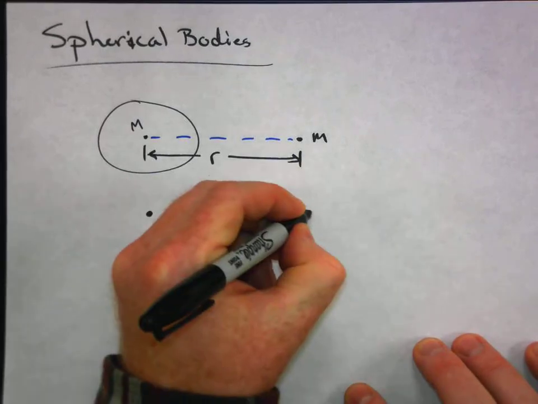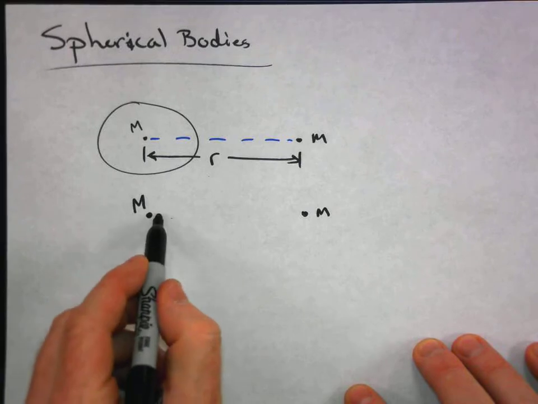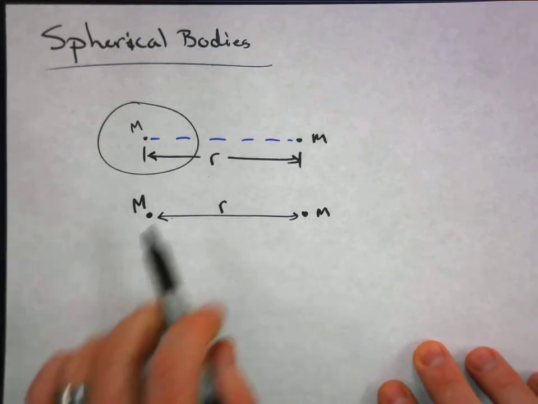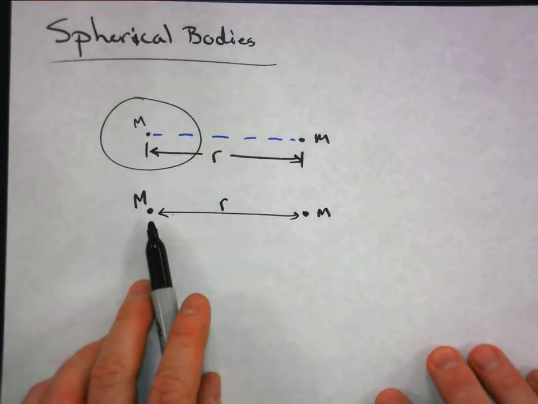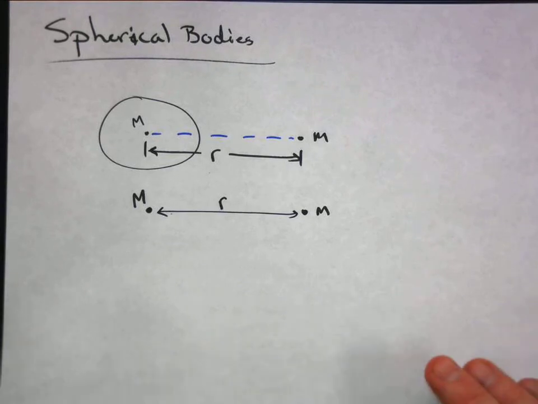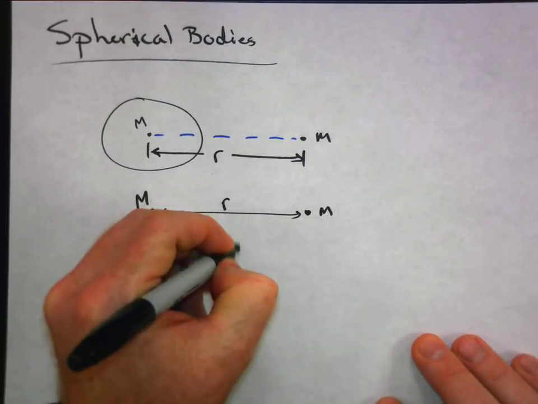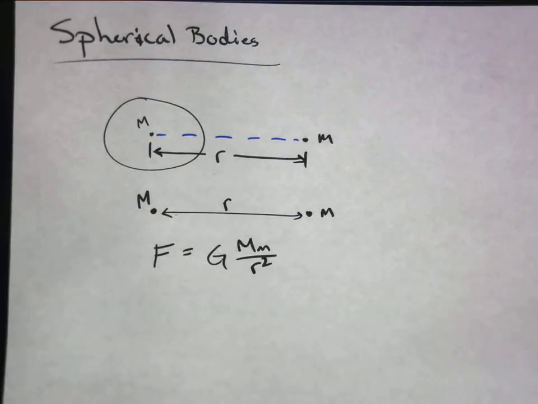So essentially what we're doing, M and m, is we're treating Earth or any other spherical astronomical sized body as if it were a point mass. And we do the same exact calculation. F equals G M m over R squared. Not a problem, right?